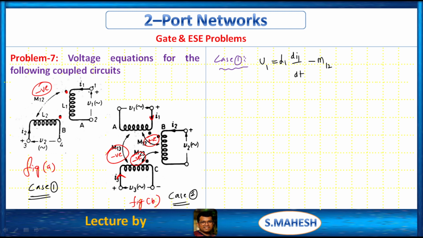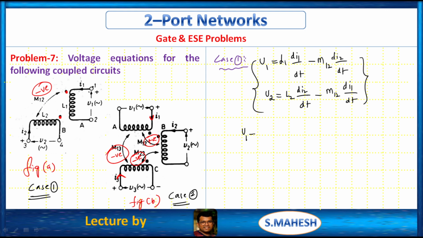Why is it negative? See, here current entering, here the current leaves, right? M12 di2 by dt. Clear? Like that, V2 equals L2 di2 by dt minus M12 di1 by dt.